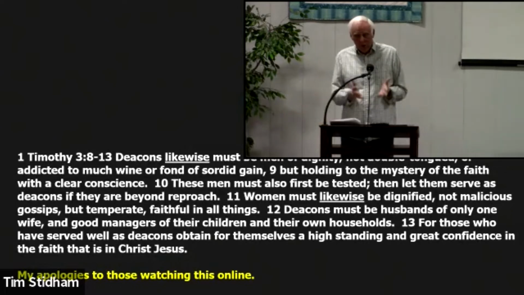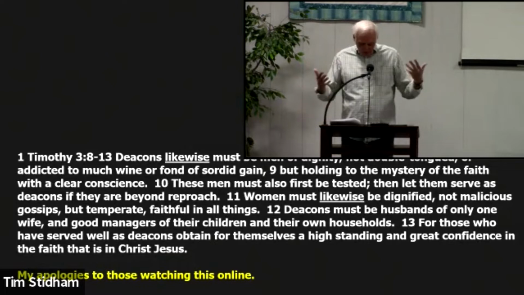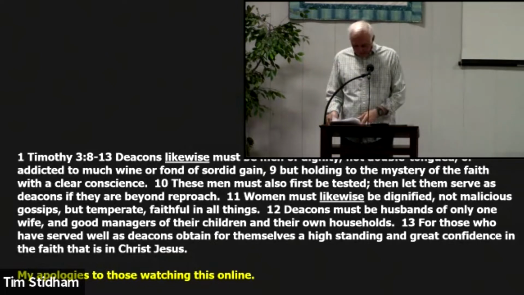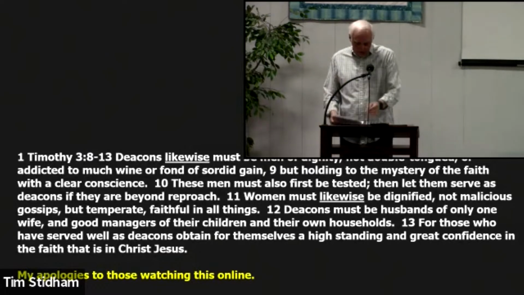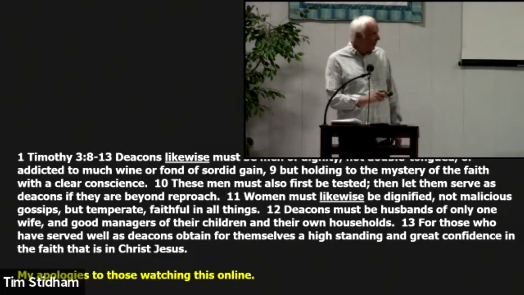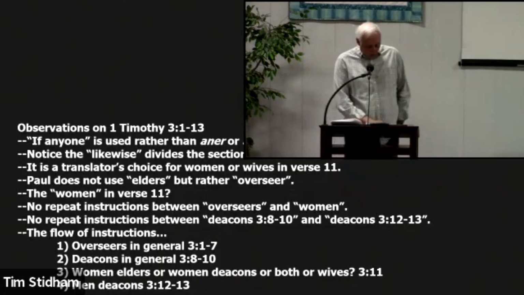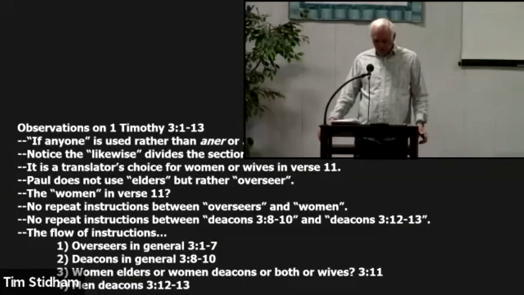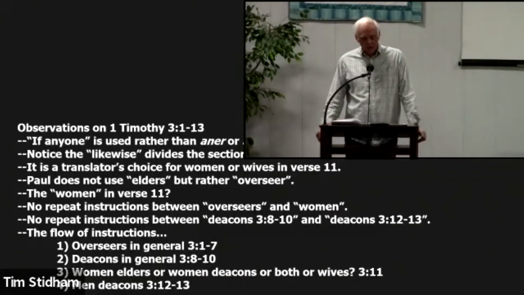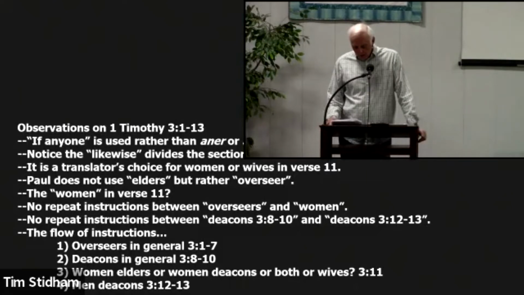All he says is the word women. And so we're having to try and figure out who these women are. I don't think anybody can be hard over on it, because it's just not 100% clear as to who they are.